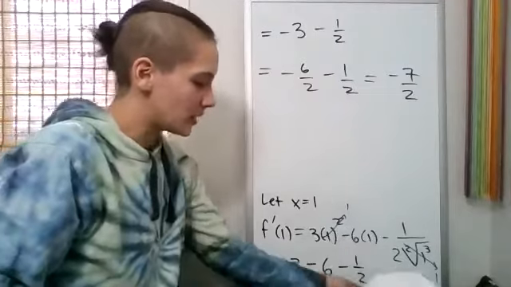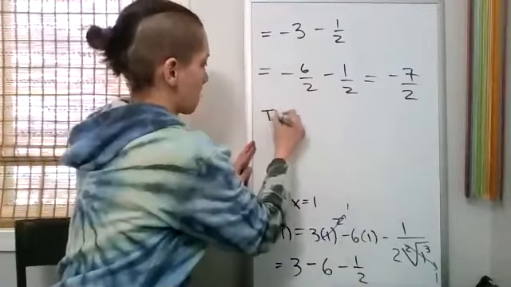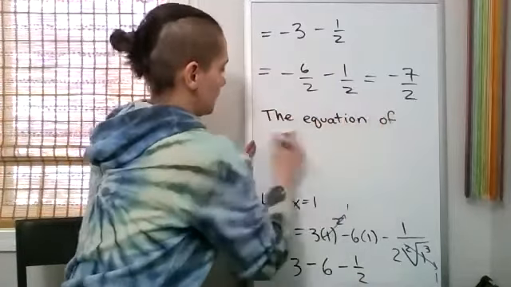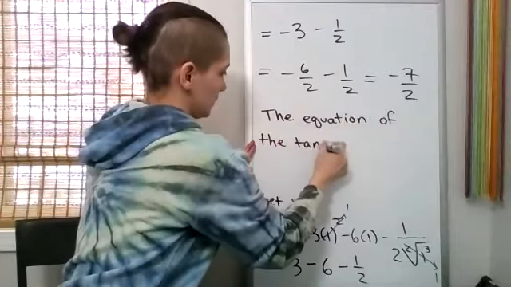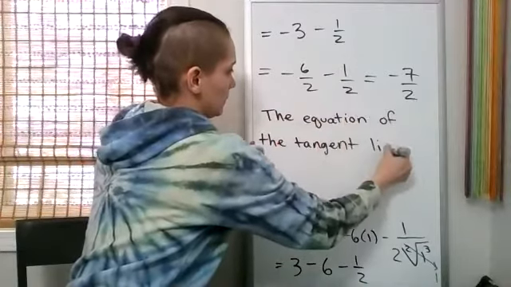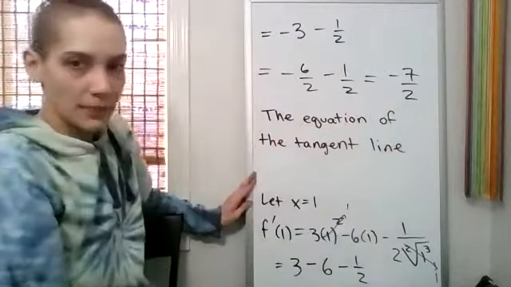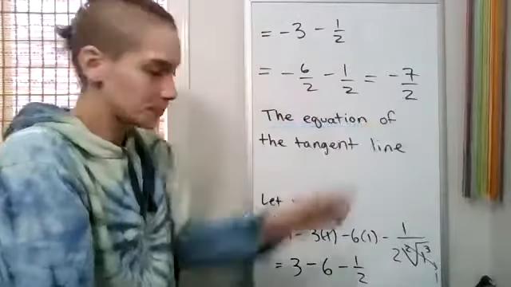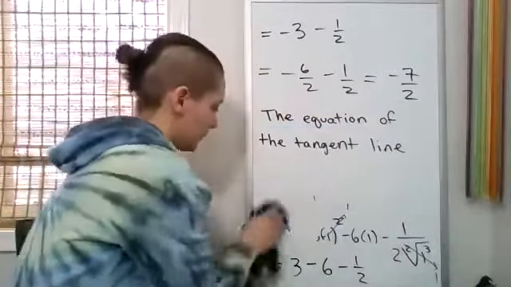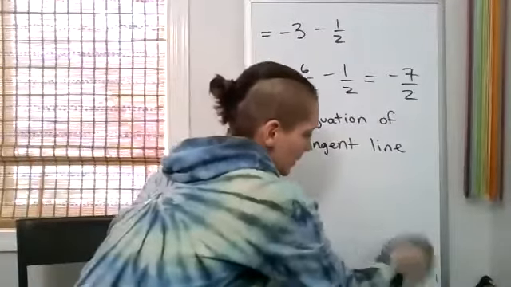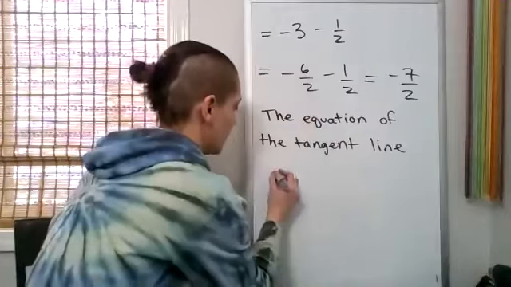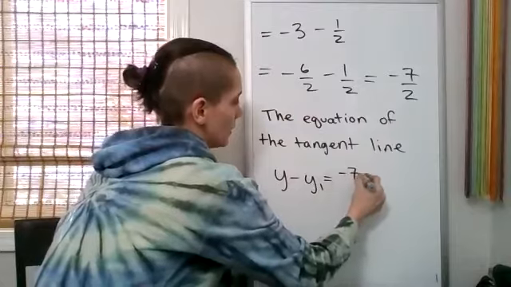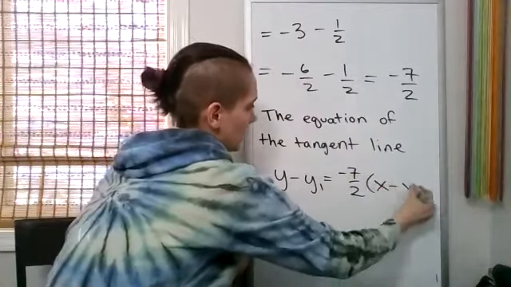And the equation of the tangent line is going to have the basic equation of a line with this specific slope. So we'll go y minus y1 equal to the slope times x minus x1.